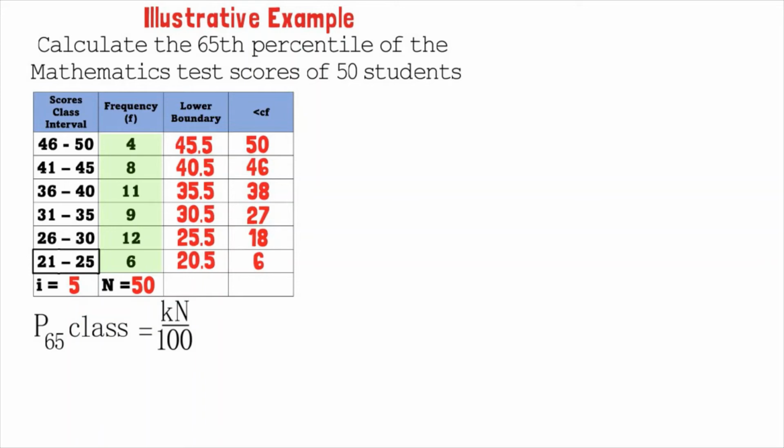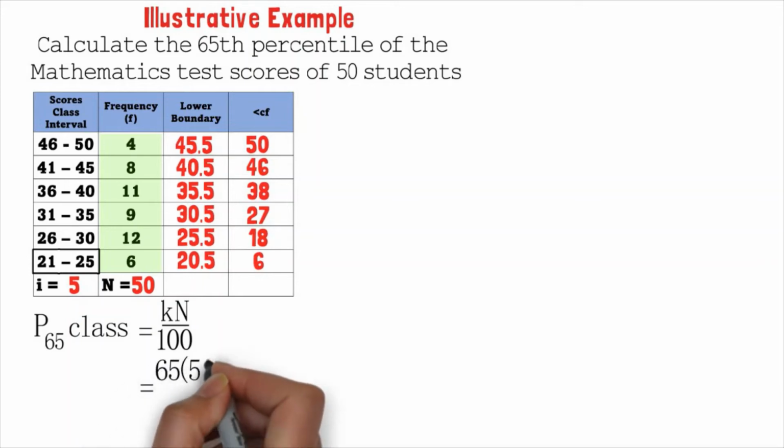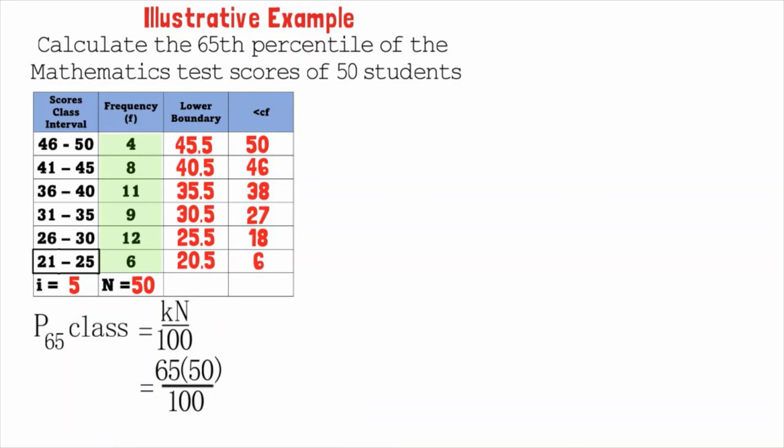Substituting the values, it will give us 65 times 50 divided by 100. 65 times 50 is 3,250 divided by 100 is equal to 32.5. The next is, we need to find the class interval where the 32.5th score is contained.